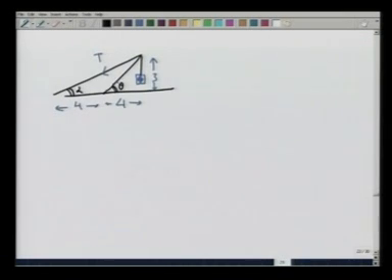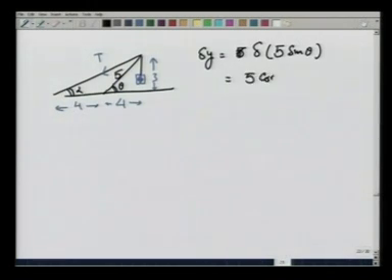When I change theta to delta theta, this length is going to be 5 meters, this is 3 and 4. So, delta y, positive in the up direction, is going to be delta of 5 sine theta, which is 5 cosine theta delta theta.